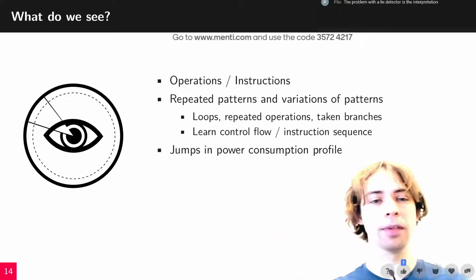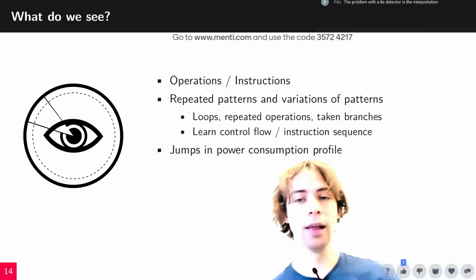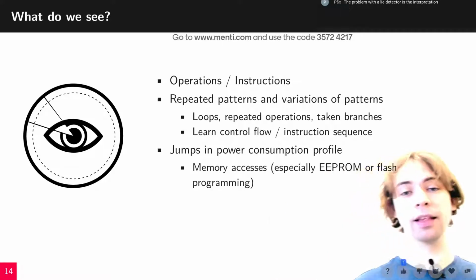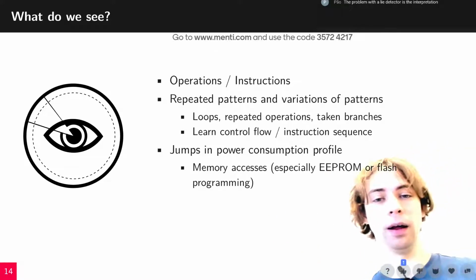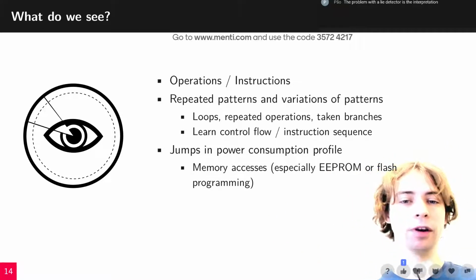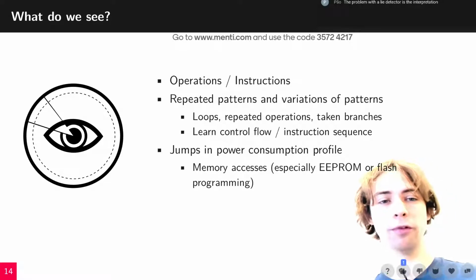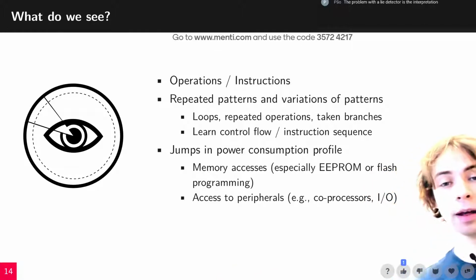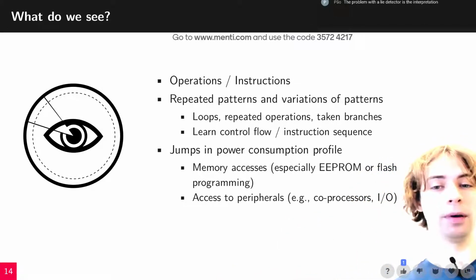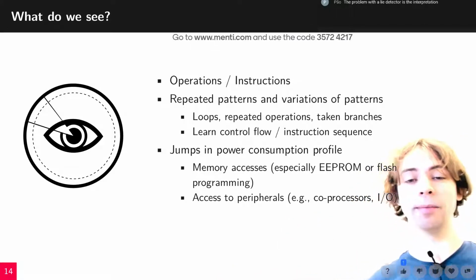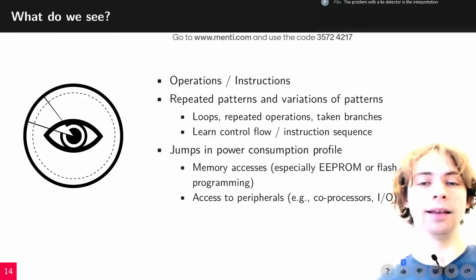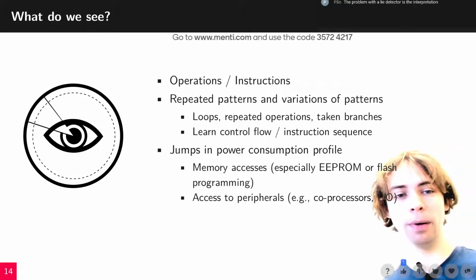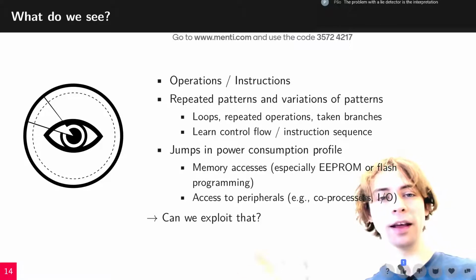If we have some jumps in the power consumption profile, then maybe this is a memory access, especially for expensive memory types that consume a lot of power. But also accesses to peripherals will be very expensive, because there you sometimes even have analog I/O, and then you need a lot of power to communicate with them. Can we exploit that? Of course.